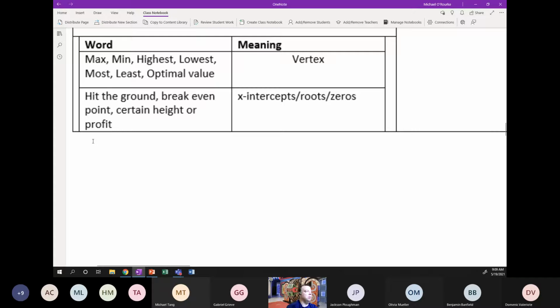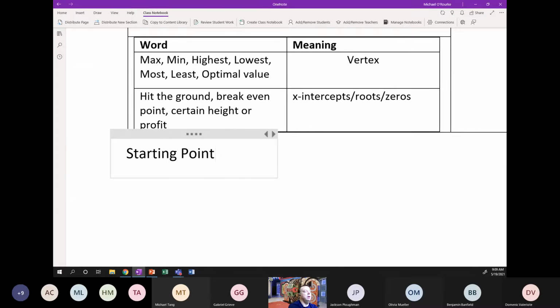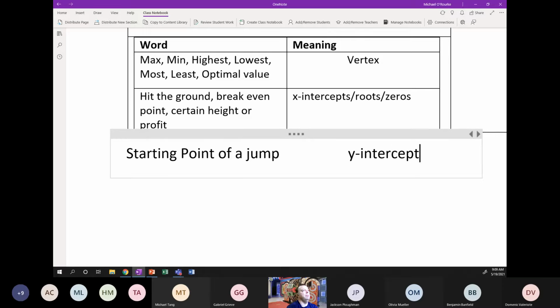There's one thing I'm going to add here. For some reason it won't let me type. I'll type right there. Good. Shoot.